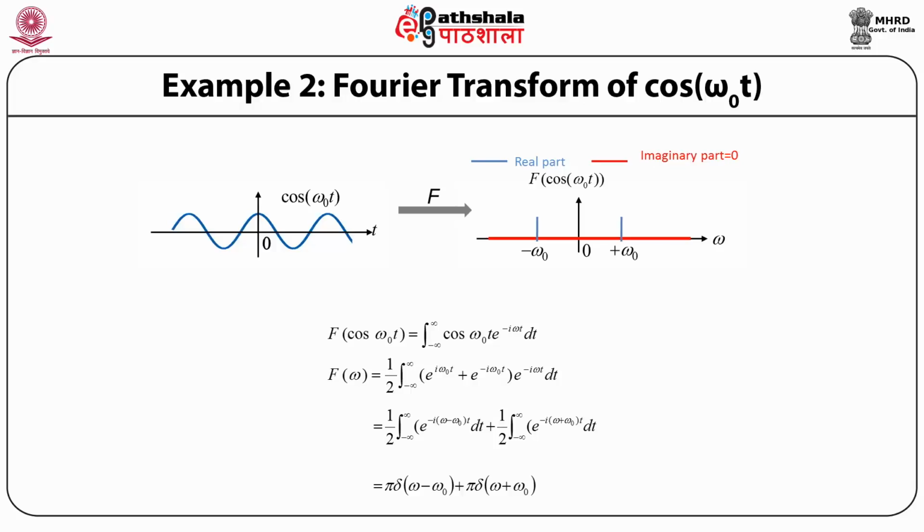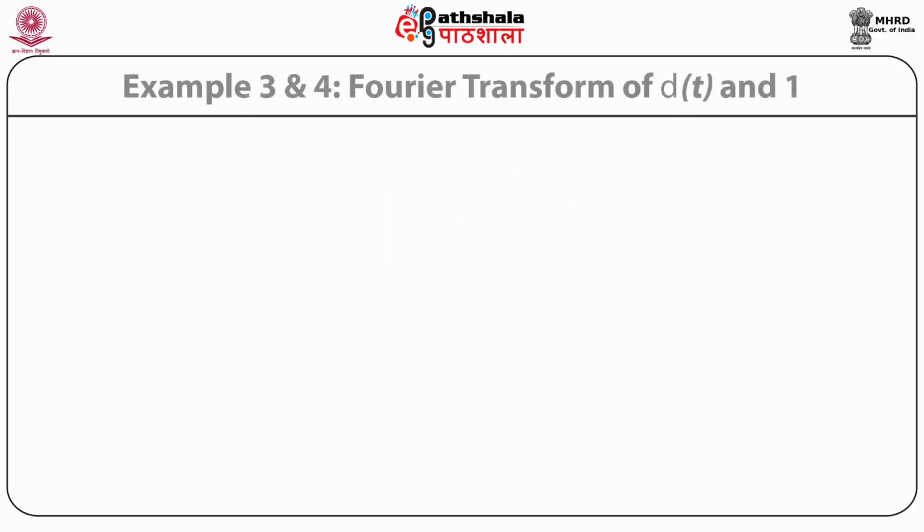There are frequencies at omega equal to omega naught, and at omega equal to minus omega naught. And what is the amplitude of the frequency? That is going to be pi, because that is the coefficient in front of delta. We are going to see example 3 and another example 4.